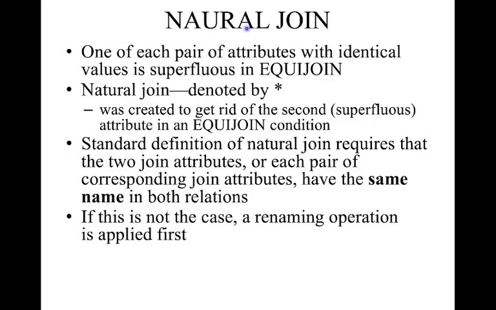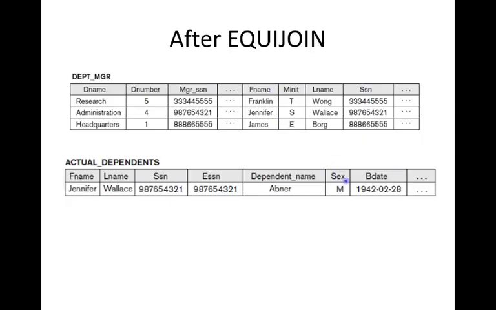There is another join, which we call natural join, in which one of each pair of attributes with identical values is superfluous in an equi join. This is an unwanted attribute, because we are already storing that information in this relation. So we can remove this from the equi join.